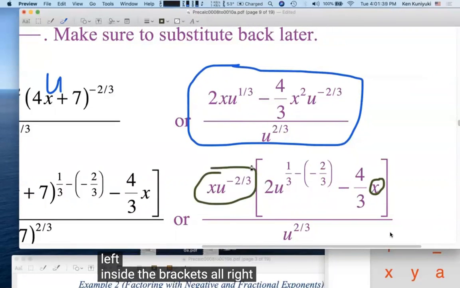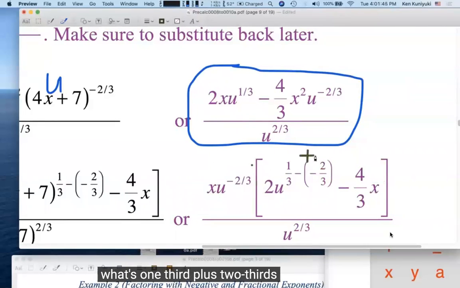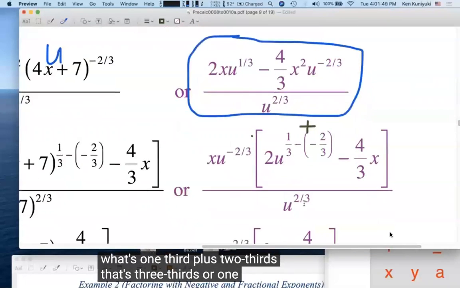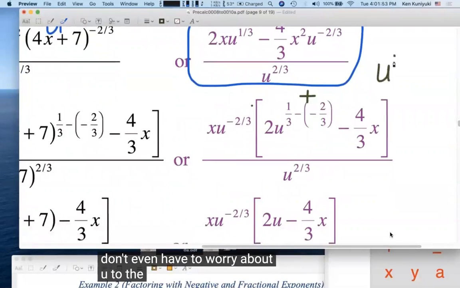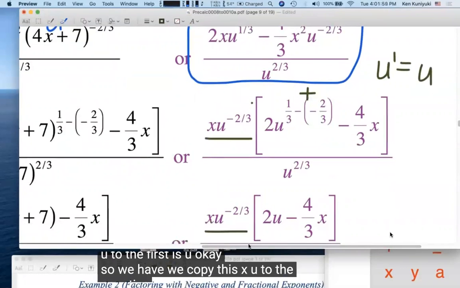What's 1/3 plus 2/3? That's 3/3 or 1, which we don't even have to worry about. U to the first is u. Okay, so we copy this, xu to the negative 2/3.